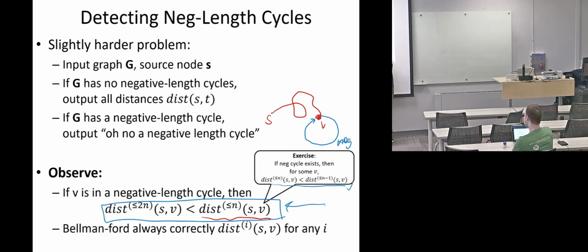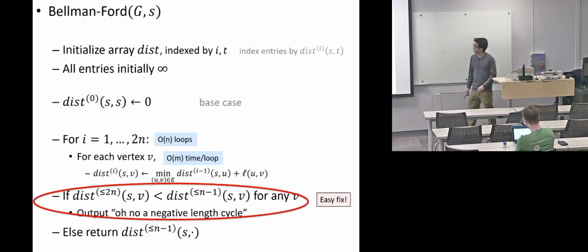Instead of looping to compute the distance at most n-1 hop, now let's say we loop for i up to 2n. We increase the number of loops a bit, but still the same order, and then put this condition at the end. So the change is just loop for i up to 2n.